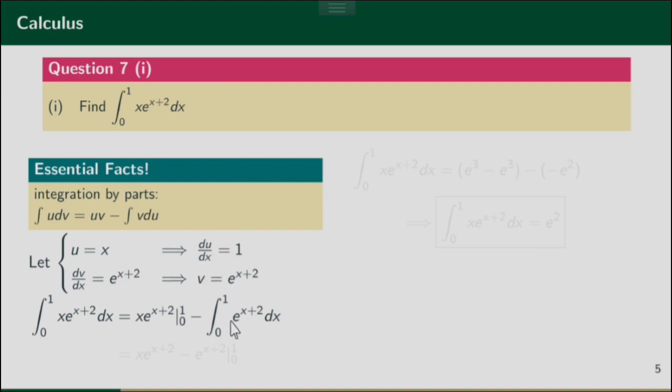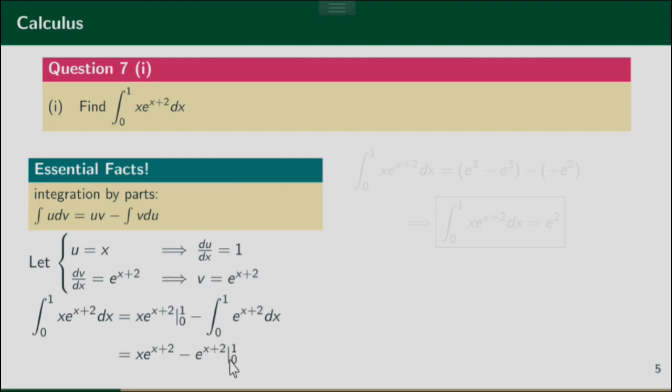I multiply, I get e raised to the power x plus 2 dx. Notice that here, the integral has been reduced to an integral which is easily integrated. So integrating e raised to the power x plus 2, I obtain the same thing that I had here, which is e raised to the power of x plus 2.